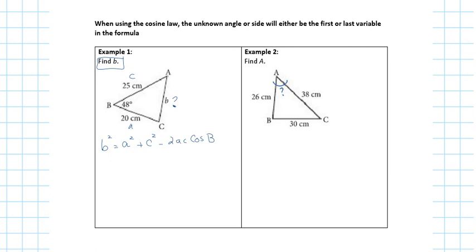And now I have to plug in my numbers. So b squared equals 20 squared plus 25 squared minus 2 times 20 times 25 cosine 48.